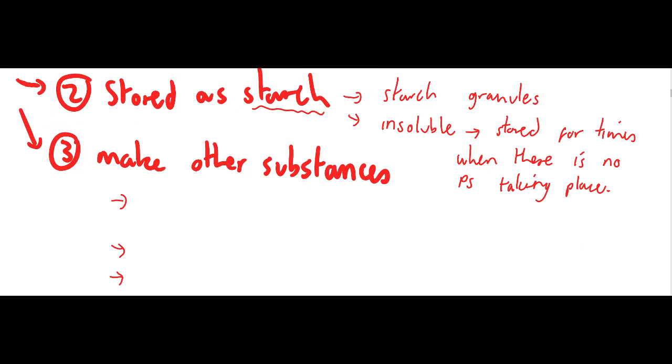Final thing then that this glucose can get used for is to make other substances, such as cellulose, which can form the cell walls of new cells, which is basically how plants grow.